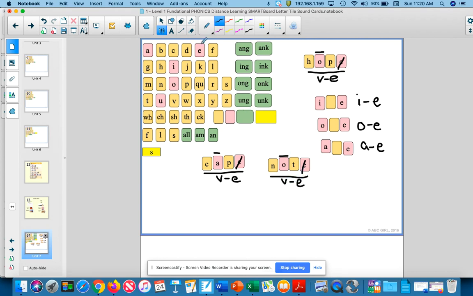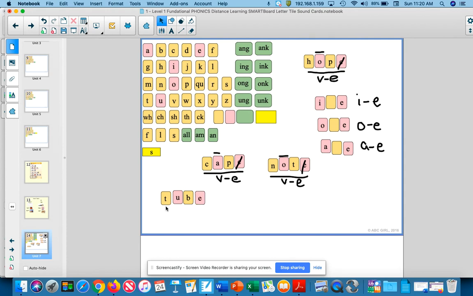Our next word is tub. T, u, b, tub. Now I take my magic E and our word changes.